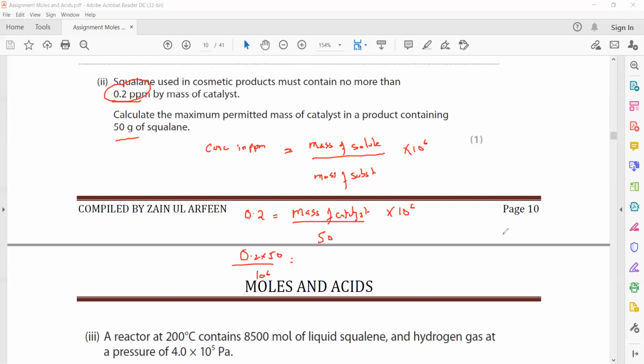So it will be 0.00001 gram. So that will be the permitted mass of the catalyst present in squalane. Yeah, 1 exponent minus 5, that's right as well. Is it clear, this part?